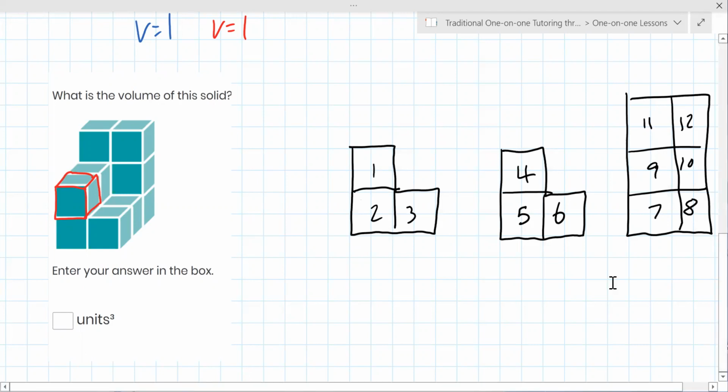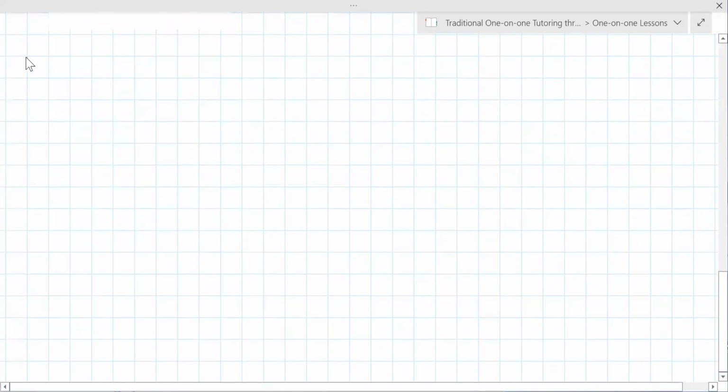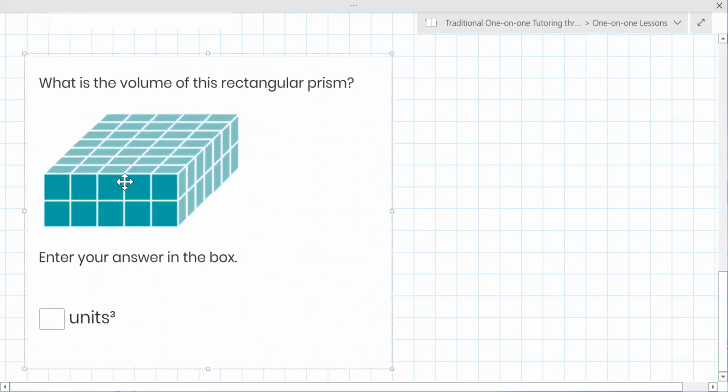Now, this next image, again, you don't want to count them. You want to try to use something else, either multiplication or some sort of a pattern. We'll look at it together though. This is actually a lot easier to do if it's in person where we actually have this in front of you. So take a look at this one and see what you come up with.